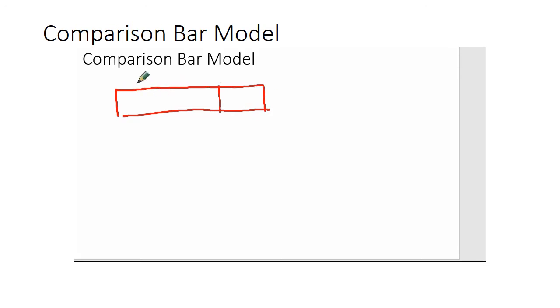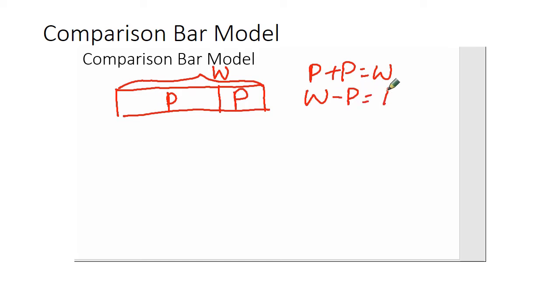In a whole bar, we are breaking the whole bar into two parts. Part plus part is whole, or the whole bar minus one part will give me a part. And we've discussed that.